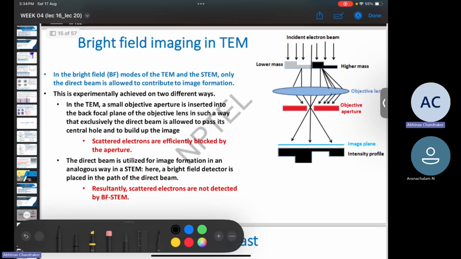So the first and the most straightforward mode of imaging is the bright field imaging mode.